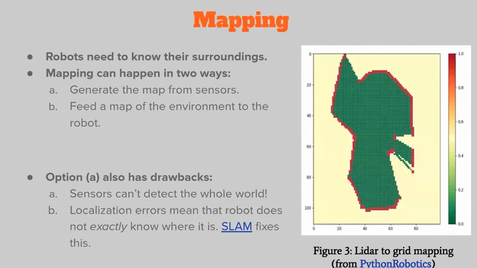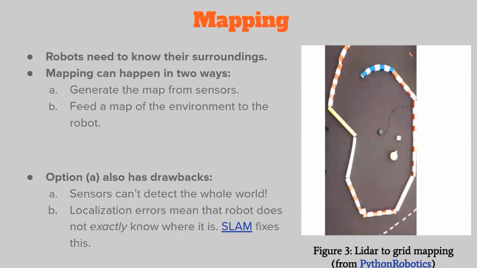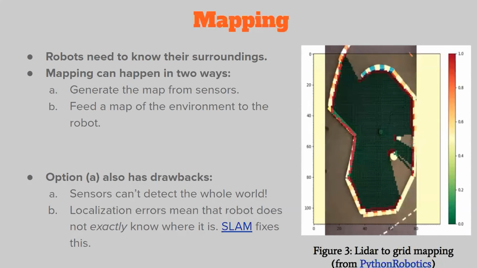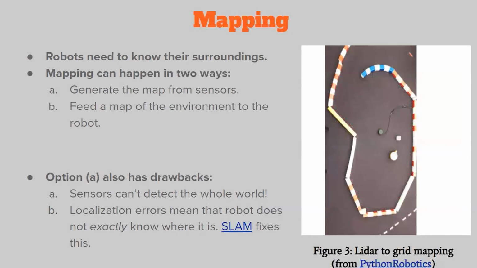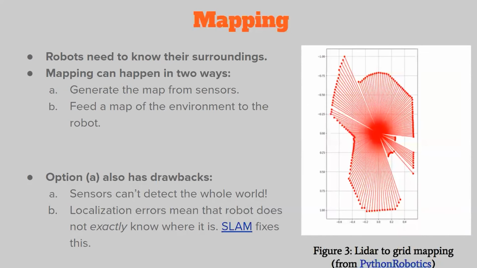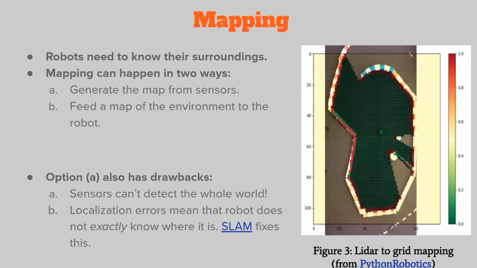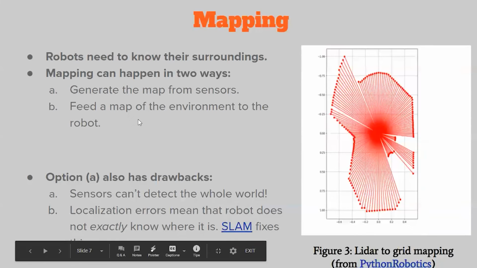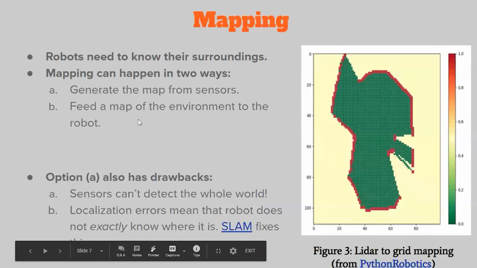Like all the shelves, all the machinery, they'll all be located in certain areas. So you can just tell the robot, hey, the obstacles are located here, and whatever planning you do should actively avoid those things. So that's option B that you see here, feeding a map of the environment to the robot.